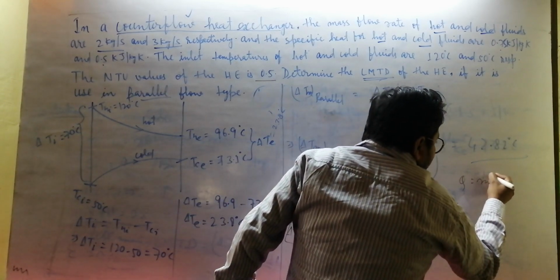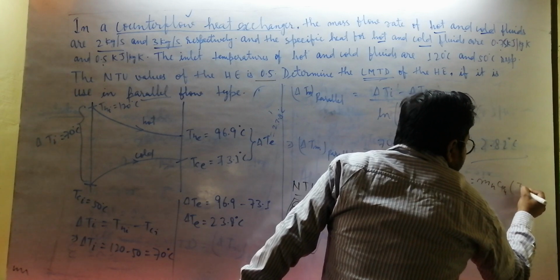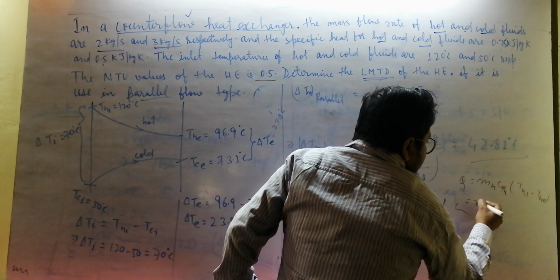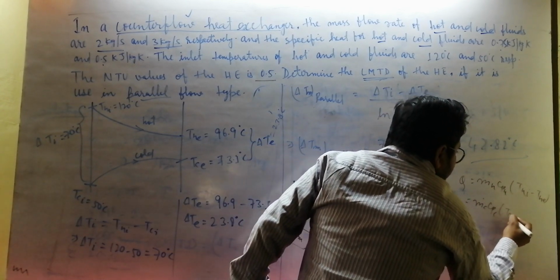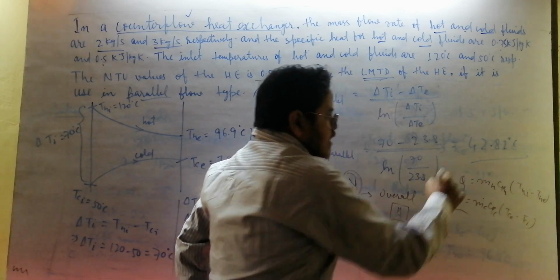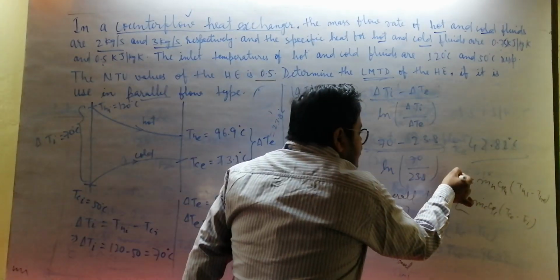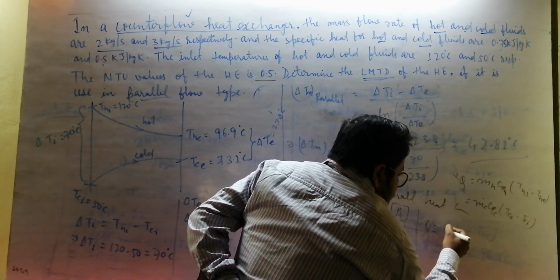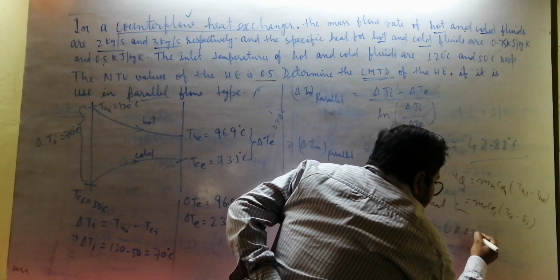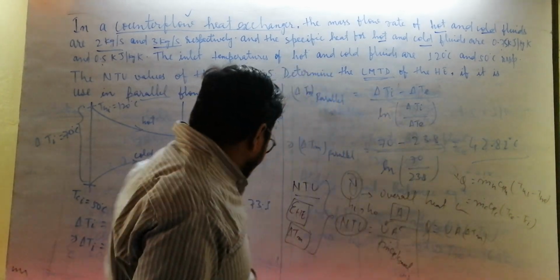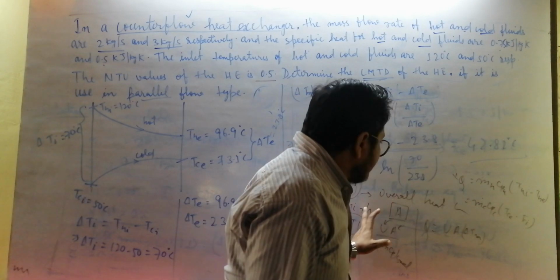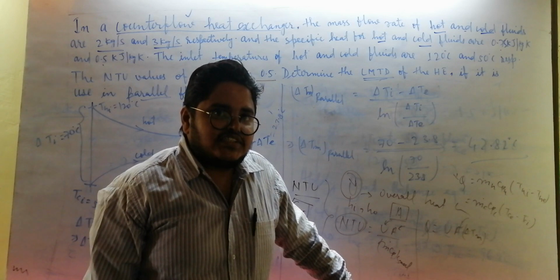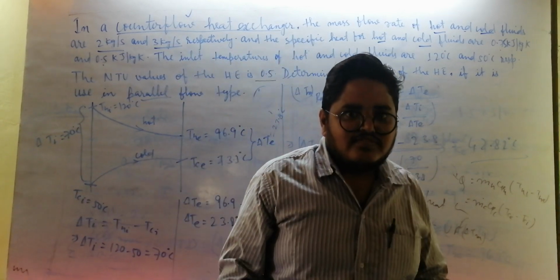I will use m dot h Cph times (Thi minus The), which I used earlier, or m dot c Cpc times (Tce minus Tci). Any formula I will use, and I will calculate the Q value, and substitute in Q equal to UA LMTD. LMTD I calculated, U will be given in any form, and I will calculate the area of the heat exchanger in case of parallel flow.